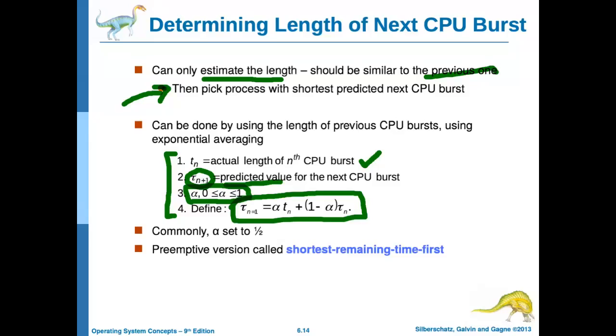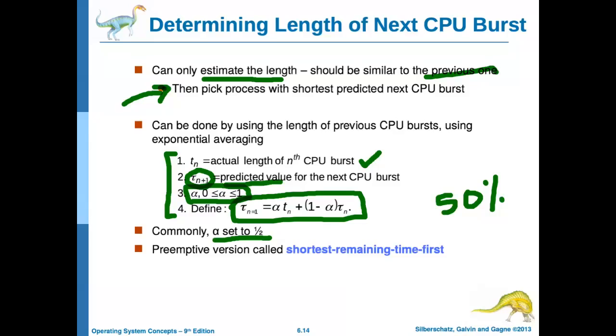T of n plus 1 is equal to alpha Tn, where we know that Tn is the actual length of the nth CPU burst, and alpha decides how much percent of previous. Now, if you see the next bullet, we say alpha is equal to 1 by 2. 1 by 2 is nothing but 50%. So we want to calculate the average based on something like 50%.